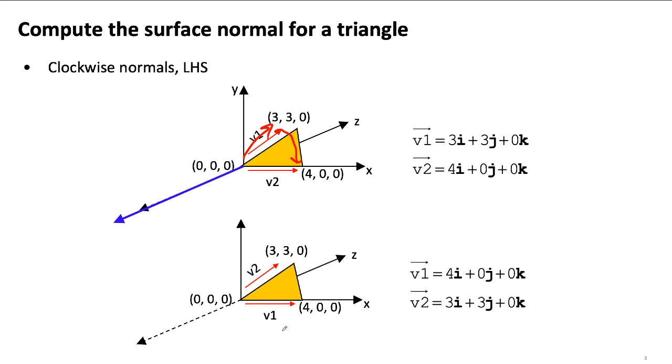Similarly, if you start with your fingers this direction and then curl them up with your fingertips going towards V2, your thumb is going to point away, and we'll get a vector going this direction. Now, if it's stored with a right-handed convention, they'll go the other way.